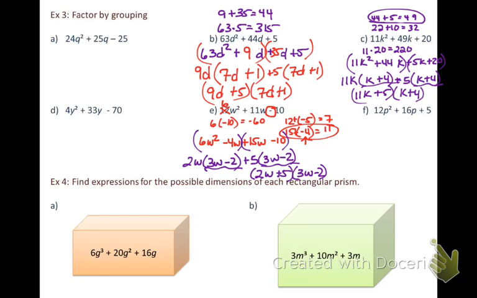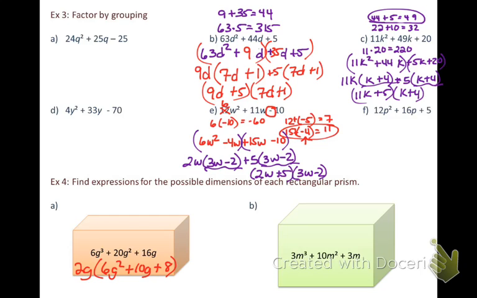That could be 2. That 2. And then there's a g for each. So now we have 6g squared plus 10g plus 8.